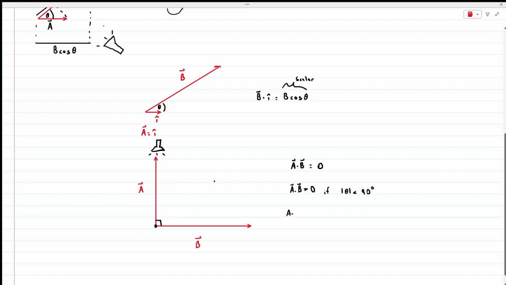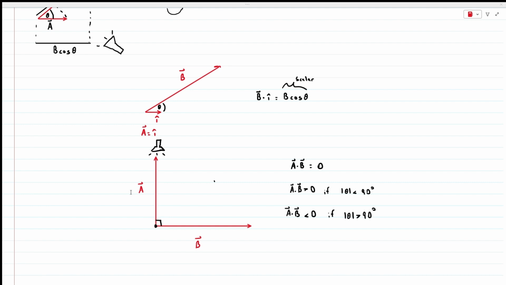And A dotted with B is going to be less than 0 if the absolute value of theta is greater than 90 degrees. So if they're generally pointing in the same direction, they'll have a positive dot product. If they're pointing in opposite directions, they'll have a negative dot product.